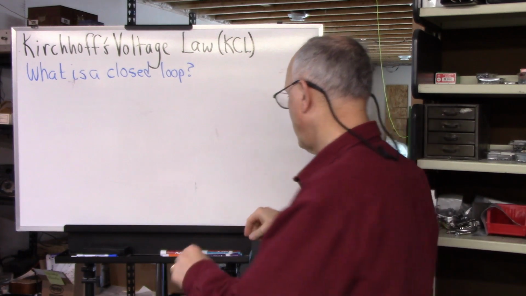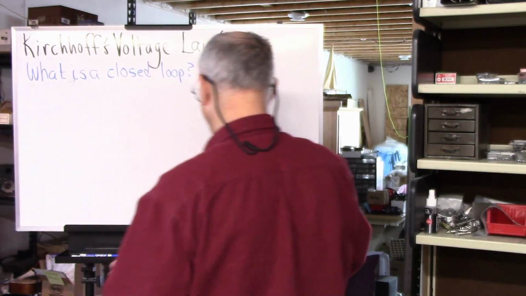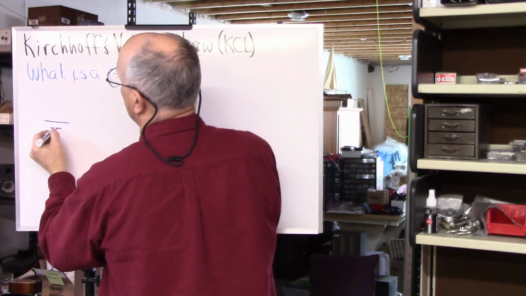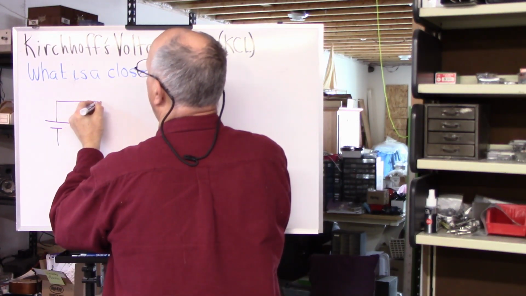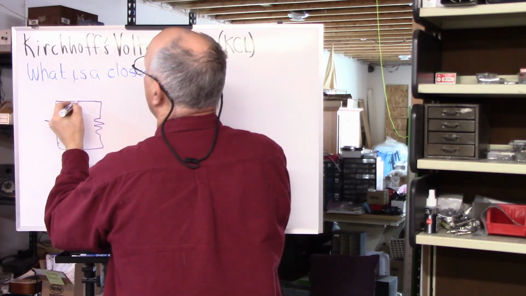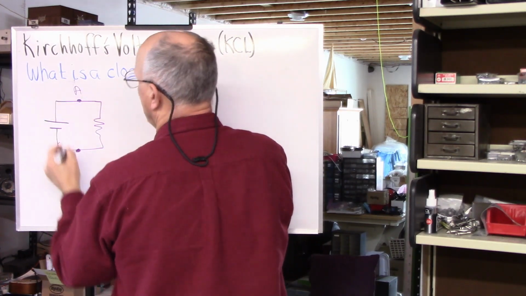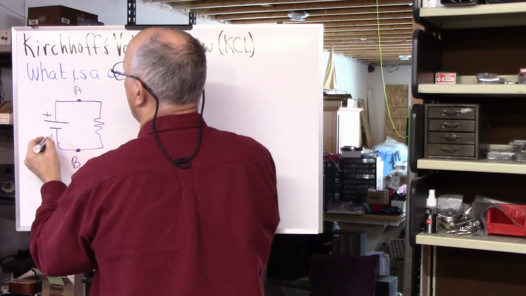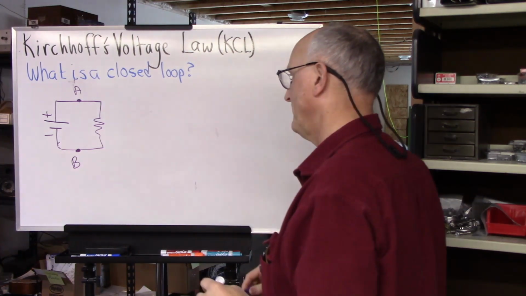So let's consider the most simple of loops here. We have a battery and a resistor. And let's just say we have point A and point B. This is the positive side of the battery, this is the negative side of the battery.